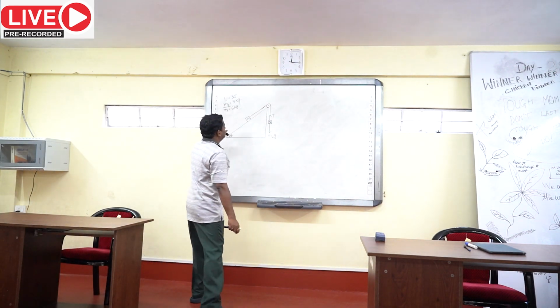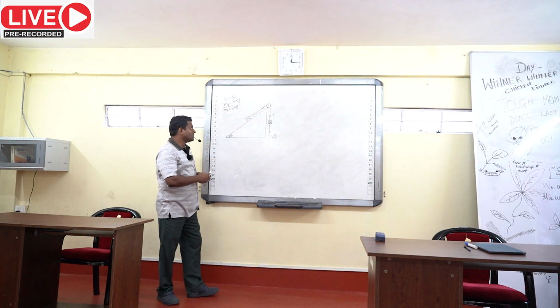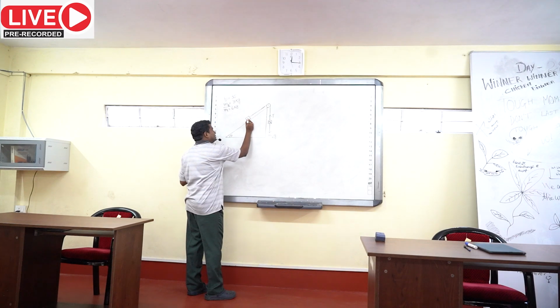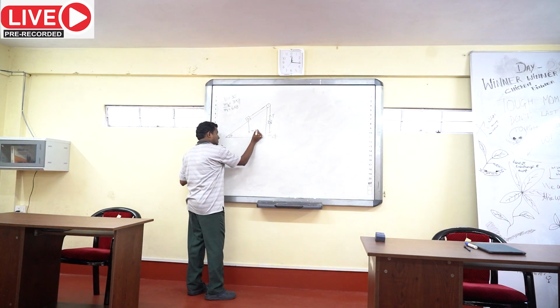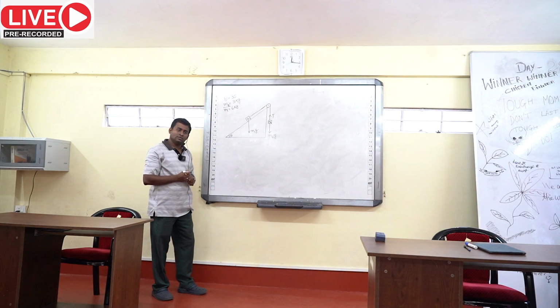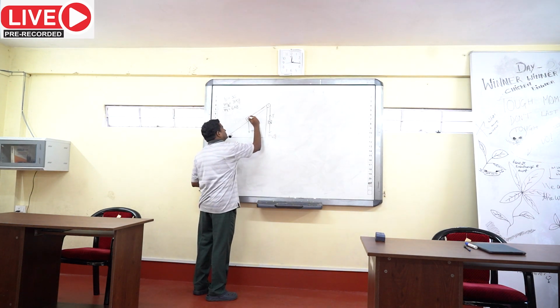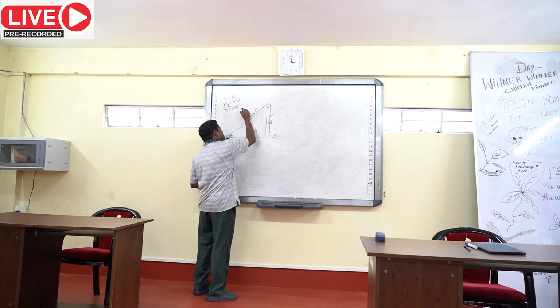Now, what are the external forces on M1? Draw. First one is gravity, acting vertically downward. Remember, vertically downward. The string will pull, so there will be a tension along this direction, that is T. The surface will exert a normal reaction, that is N1.